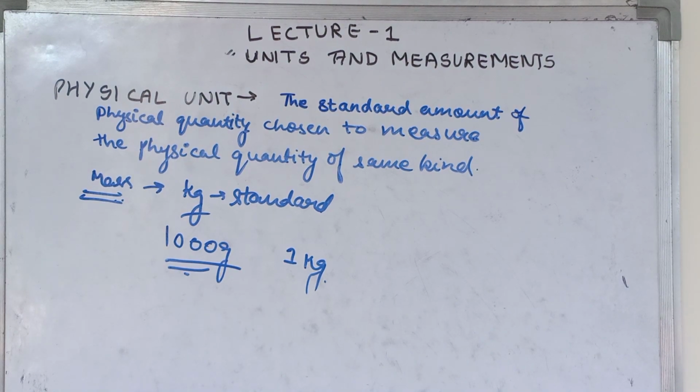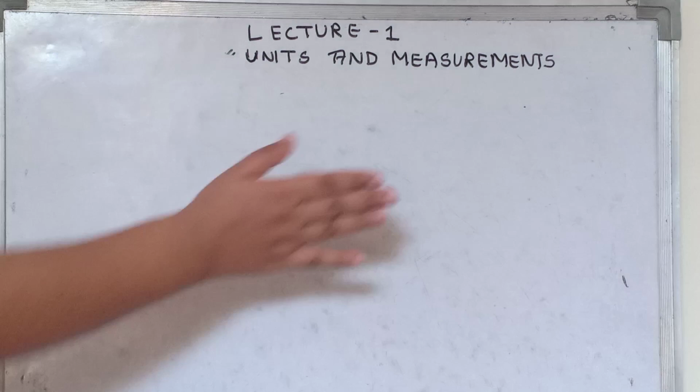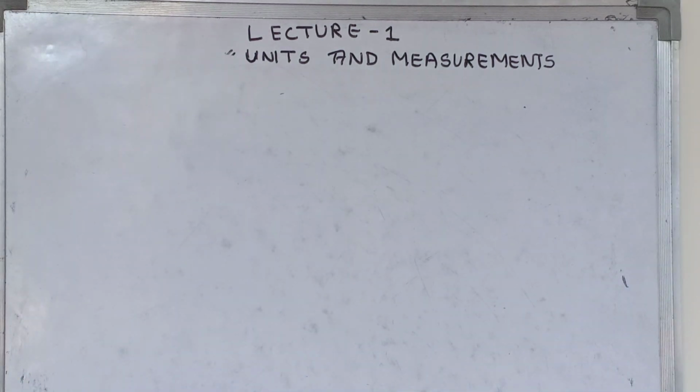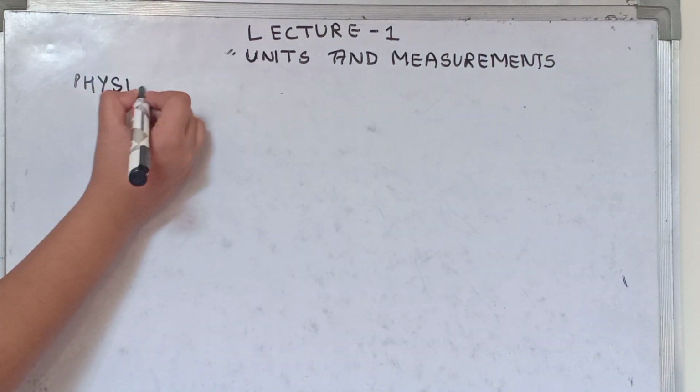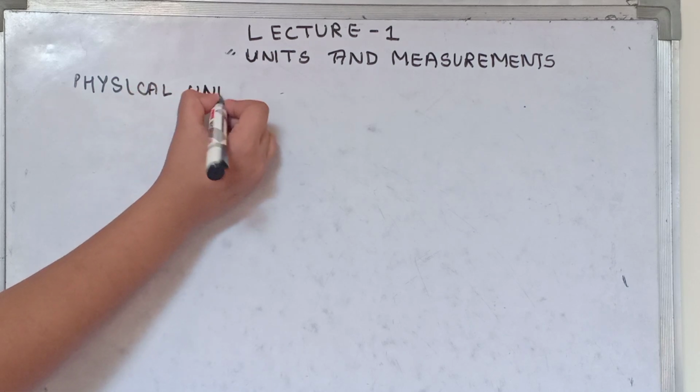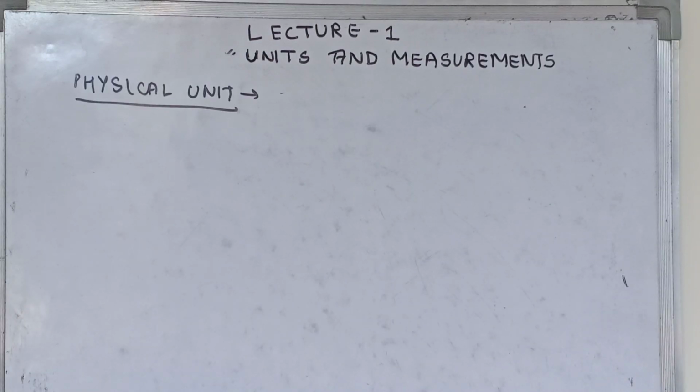Fine. Okay, so now after making yourself very clear about how to measure a physical quantity, the very important thing that we are going to study next is what do we mean by a physical unit. We were saying the size of the unit and everything. Then what do we mean by a physical unit? So our next definition is, what do we mean by a physical unit? Fine. So firstly we'll write its definition and then obviously I'll explain it.